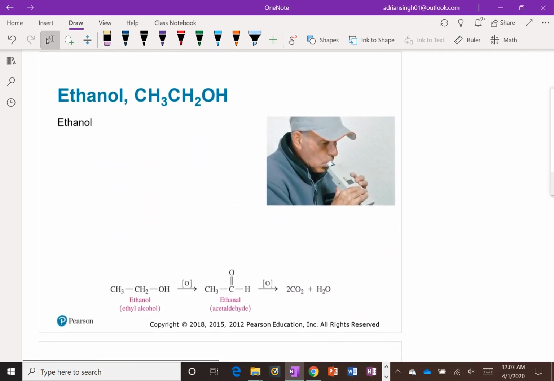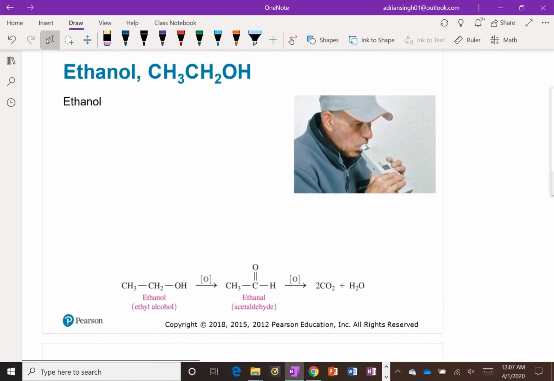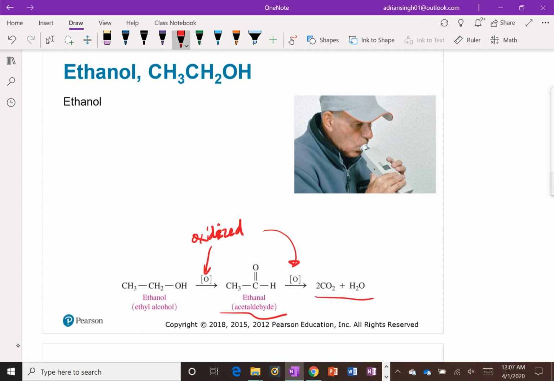All right, so let's take a look at a couple examples of where this can happen. We looked at the oxidation of ethanol previously. So ethanol can be oxidized to the corresponding aldehyde first, which is ethanal, and then this can be oxidized again in several steps, eventually to produce carbon dioxide and water vapor down the road.